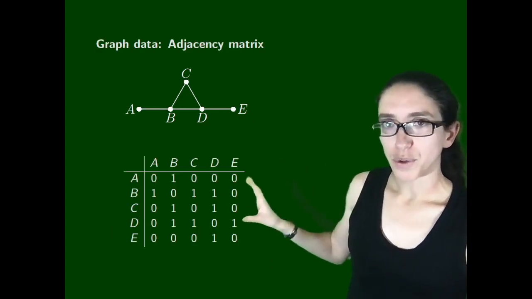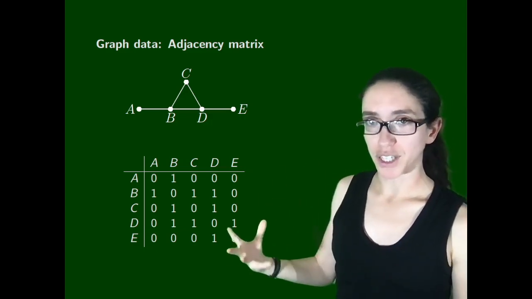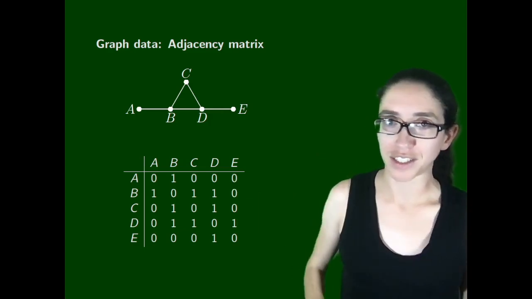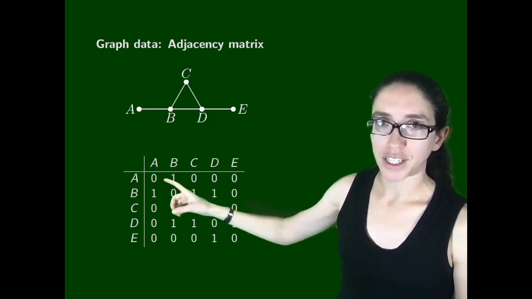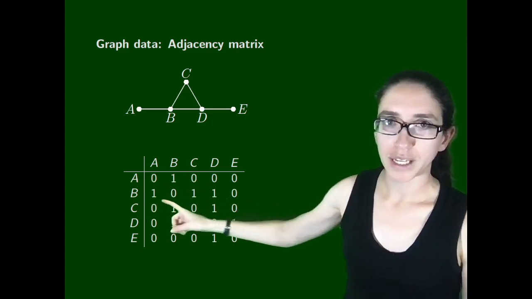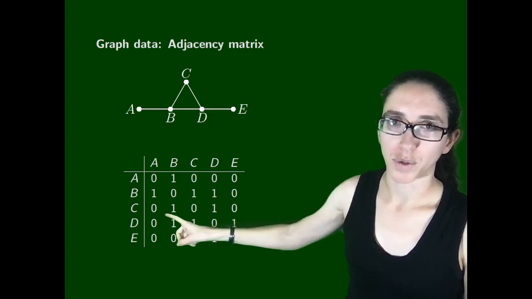Another way of encoding the data of a graph is called the adjacency matrix. It's called the adjacency matrix because 1s are for adjacent nodes and 0s are for non-adjacent nodes. For instance, A is adjacent to B, so in row A and column B of this matrix we have a 1, and in row B and column A we have a 1. Similarly, B and C are adjacent, so we have a 1 here and a 1 here.